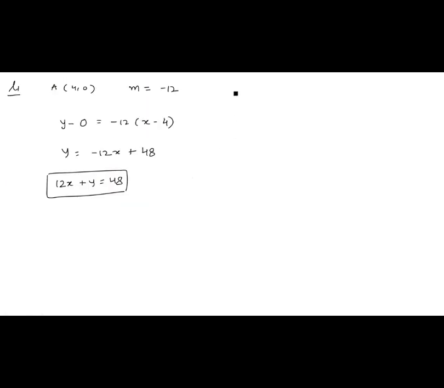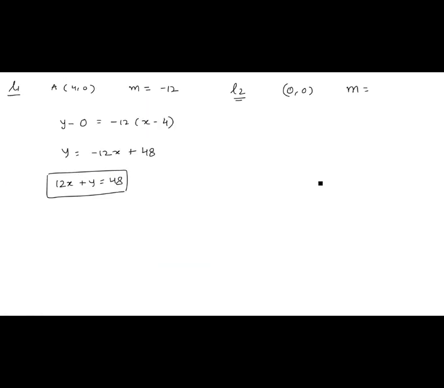If we just put x equals 0, then the gradient of line L2 will be 8. So for line L2, it passes through the point 0, 0, and the gradient m is, you just put in your dy over dx, if we just put x as 0 here, then the gradient will be 8. So m is 8. That means the equation of line L2 is y equals 8x.